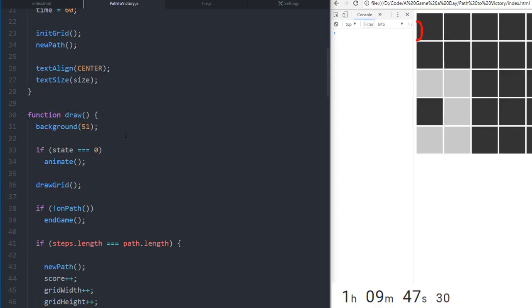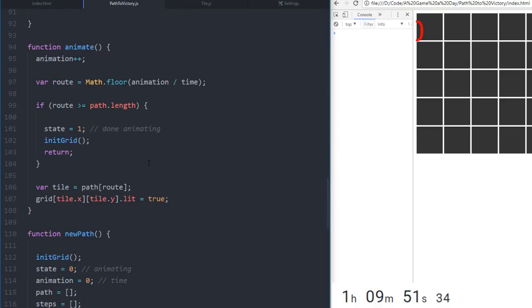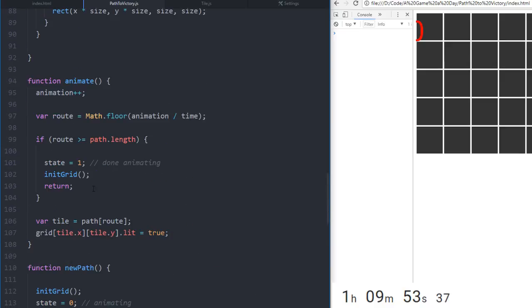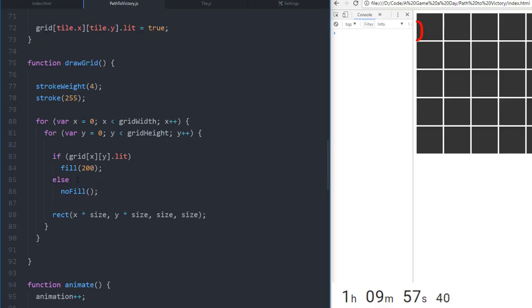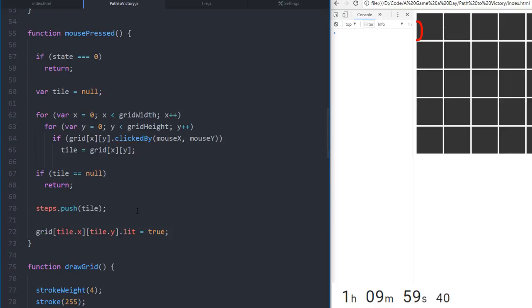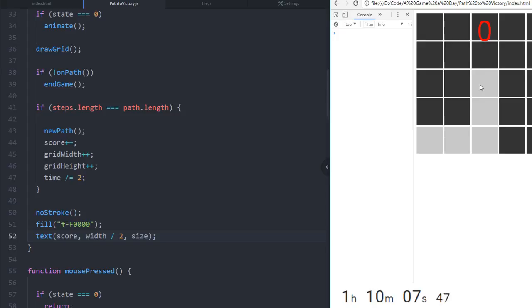And I messed it up over here too. Should have done it so that it was case sensitive. Where is the draw score? It's up here. Why do I keep passing it? There. Cool. 3, 4, 5, 6, 7. Nope. There.